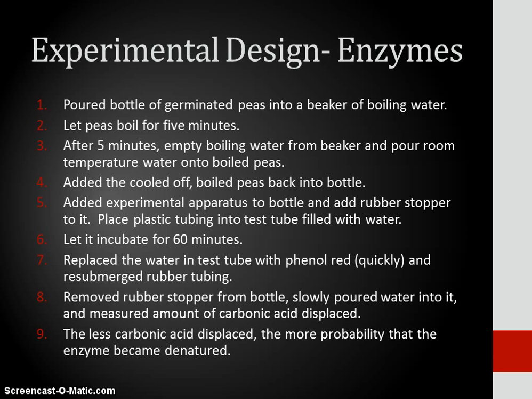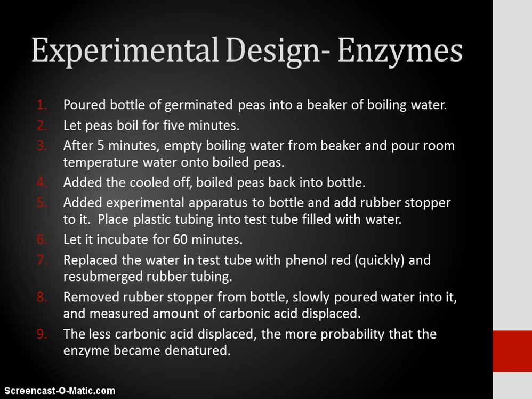And after that, we added the experimental apparatus, which was the glass tubing with the rubber tube, to the bottle and added the rubber stopper to it. After that, we placed the plastic tubing into the test tube filled with water, and then we let it incubate for 60 minutes alongside our cellular respiration bottles with germinated and ungerminated peas.